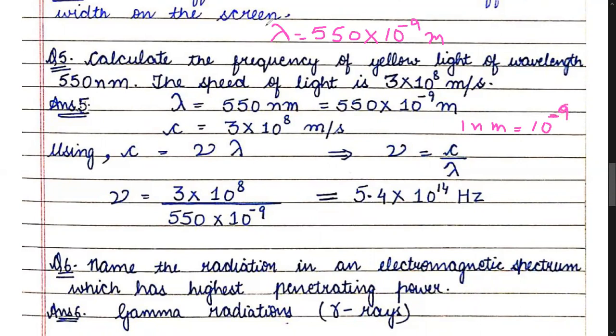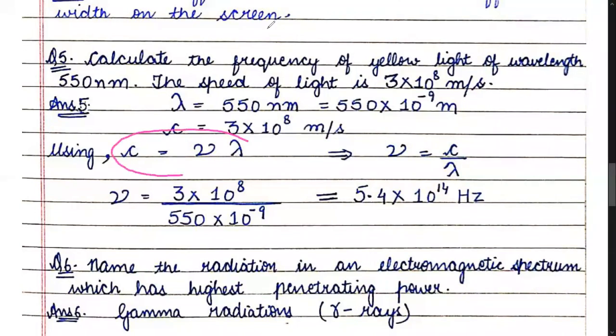Nano means 9. Since nano is very small, it is minus 9. So write down the wavelength as 550 multiplied by 10 raised to power minus 9 meter, and the speed of light in air, you already know its value. That is 3 multiplied by 10 raised to power 8 meters per second.